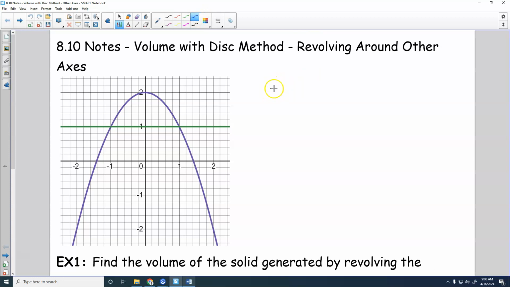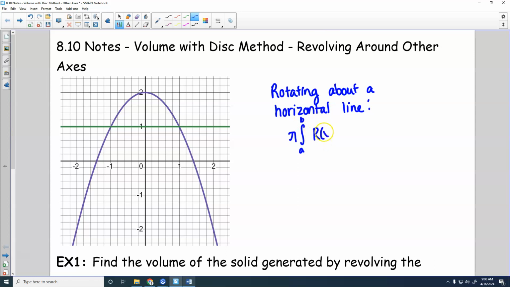If you are rotating about a horizontal line, it is still going to be pi integral from A to B of capital R of x squared minus lowercase r of x squared dx.